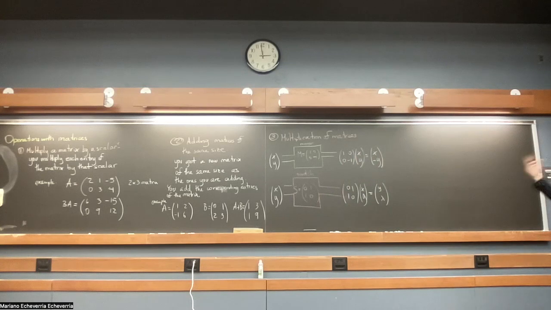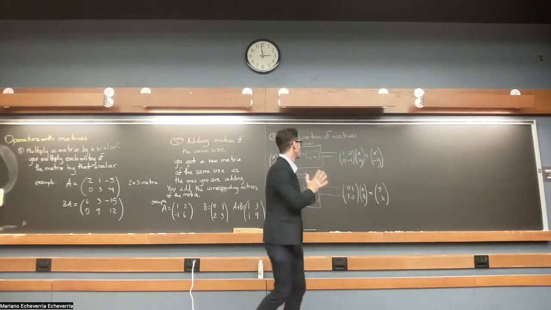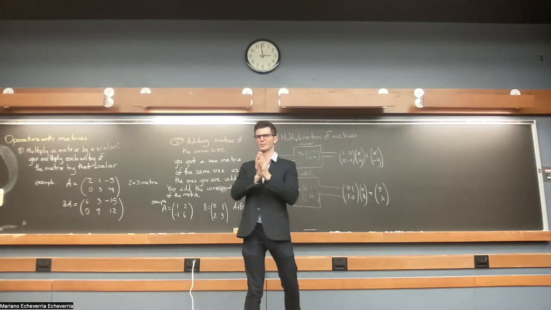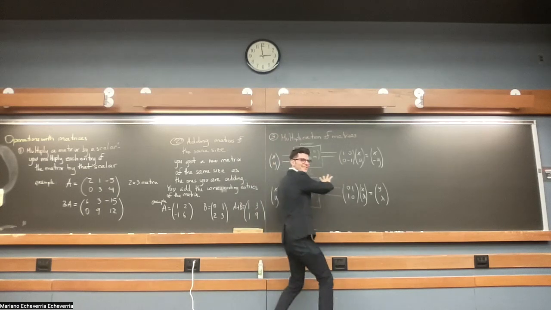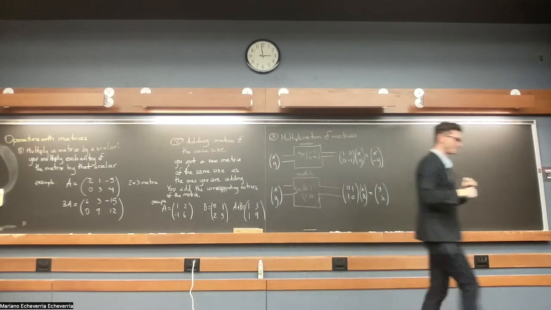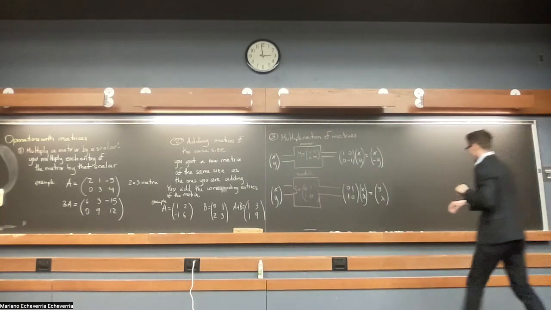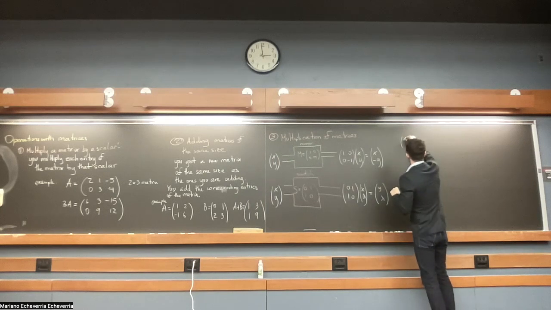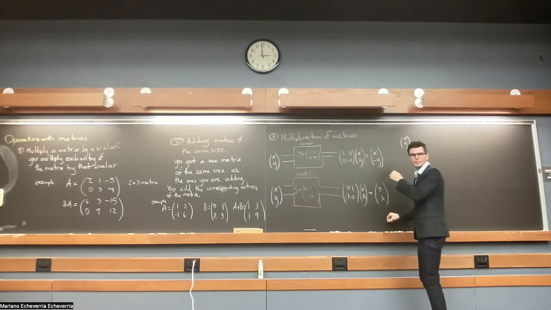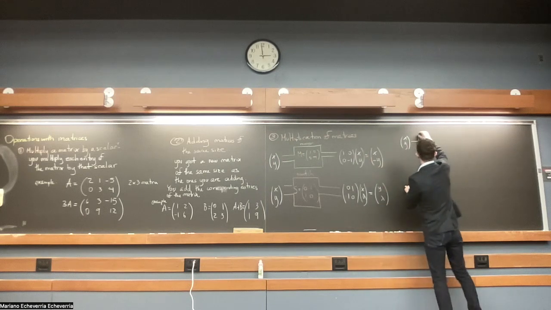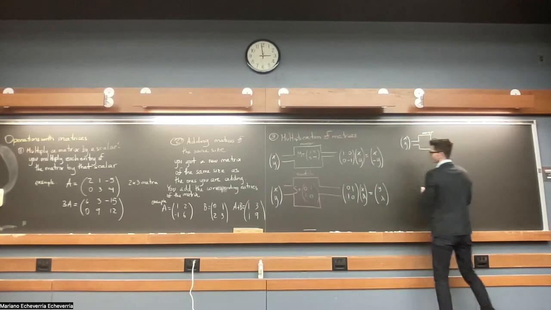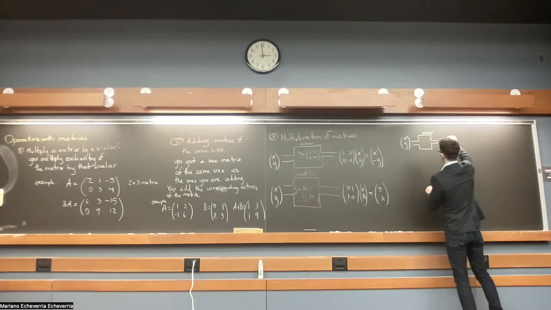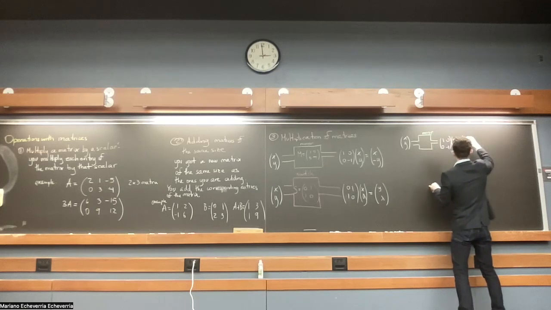Now to think about what the multiplication should be, you have to think about running one process and then the other, like a sequence. I think most of you are going into engineering, so these diagrams hopefully look very natural. So I'll start with x, y and mirror it, reflect it first. When we do that, you get 0, 1, 0, -1 times x, y, which is x, negative y.